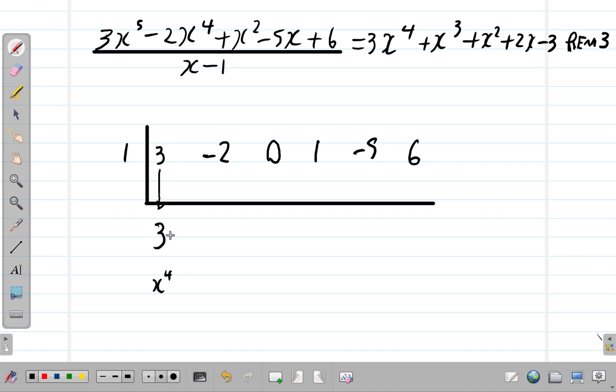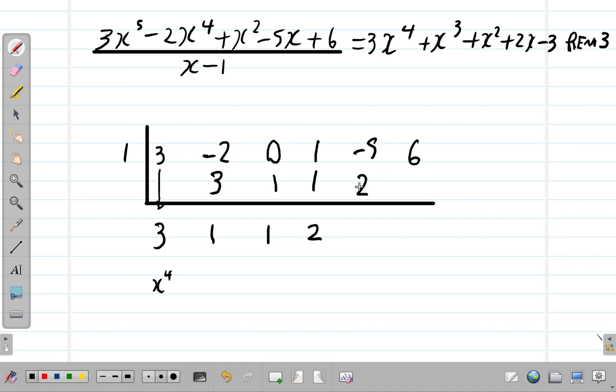So 1 times 3 is 3. Negative 2 plus 3 is 1. 1 times 1 is 1. 0 plus 1 is 1. 1 times 1 is 1. 1 plus 1 is 2. 1 times 2 is 2.